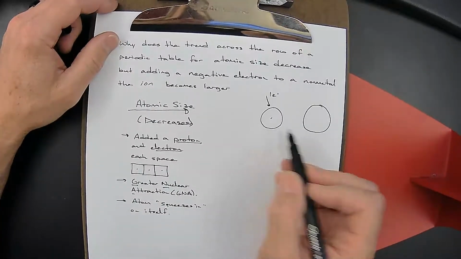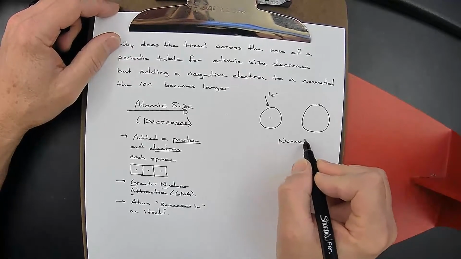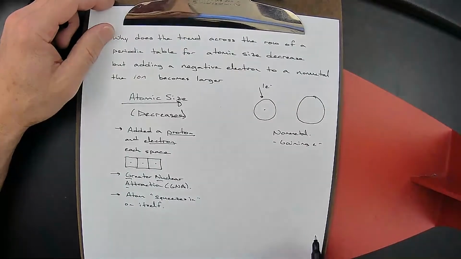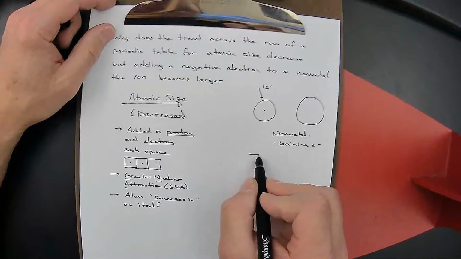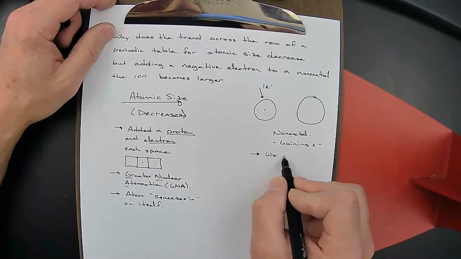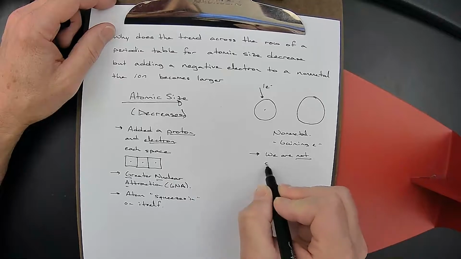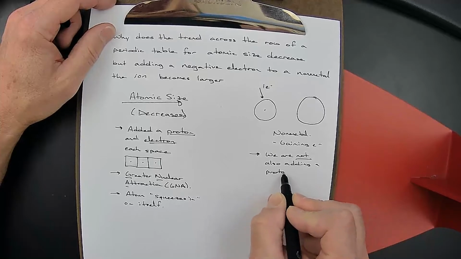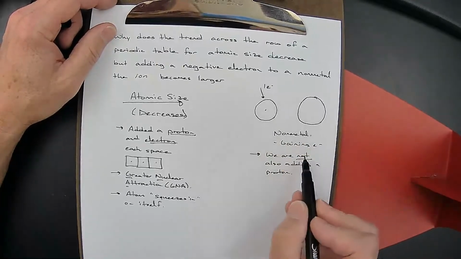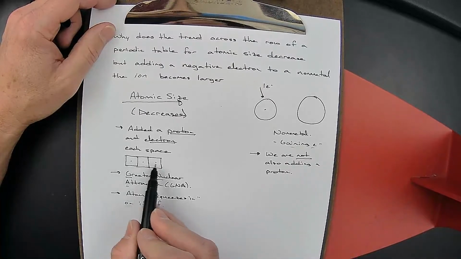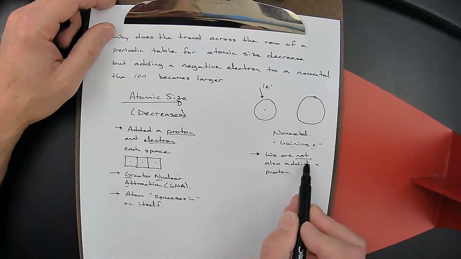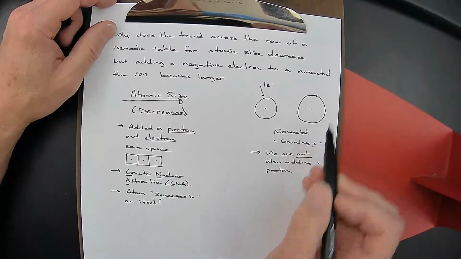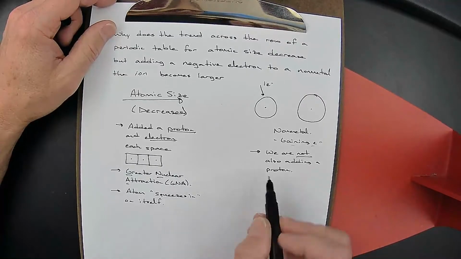But here, when we've taken a non-metal that's gaining electrons, the important part is we are not also adding a proton. So although we are gaining an electron, moving from one space to another, we are not also adding a proton. So we do not get a greater nuclear attraction.